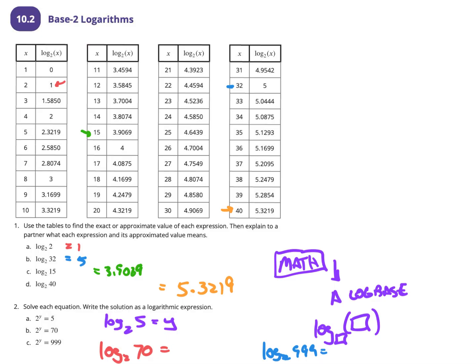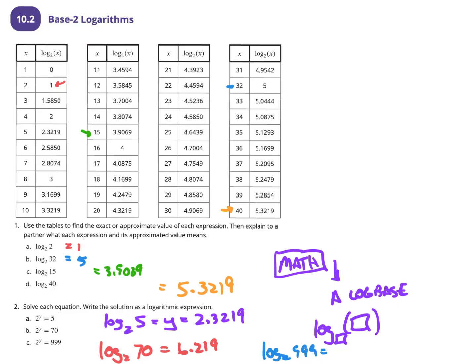Now remember, we're rounding to 4 digits after the decimal because sometimes Delta Math will ask us to do that. So for log base 2 of 5, we get 2.32192. So that gives us 2.3219. After the 9 is a 2, so the 9 stays 9. For log base 2 of 70, we get 6.21928.